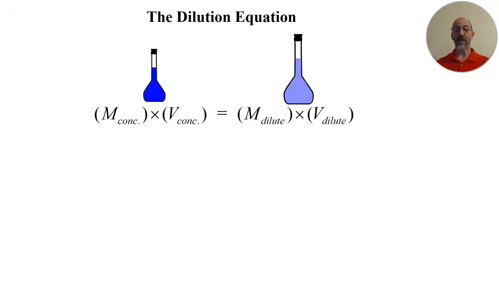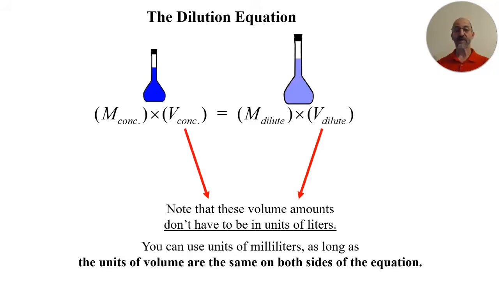So on the left, we have a more concentrated solution. That's a darker shade of blue in this example. And on the right, we have a more diluted solution of a lighter shade of blue or a lower concentration. So M times V equals M times V, where we have the concentrated solution on the left and the diluted solution on the right.